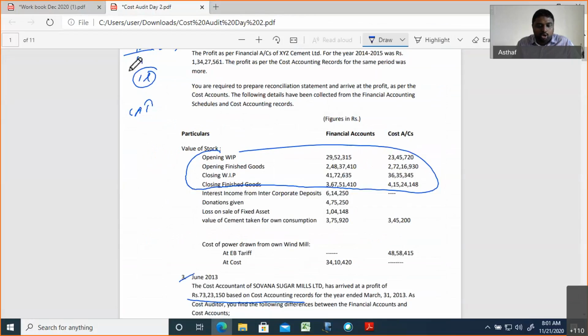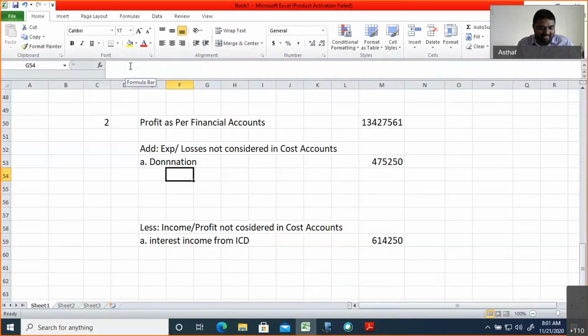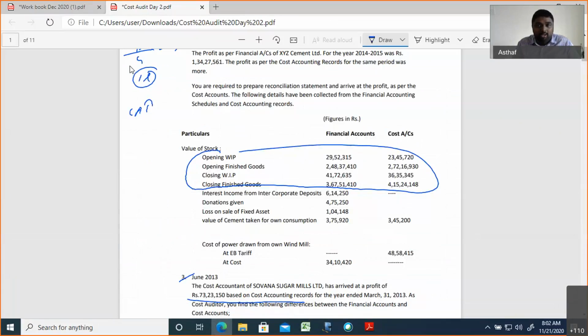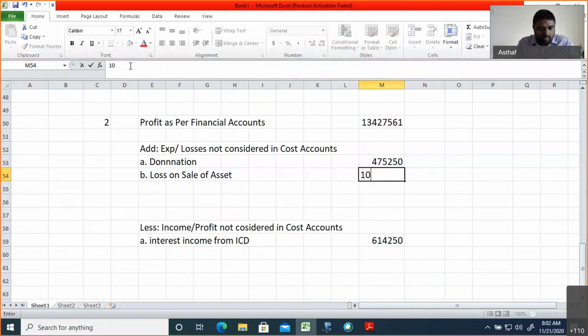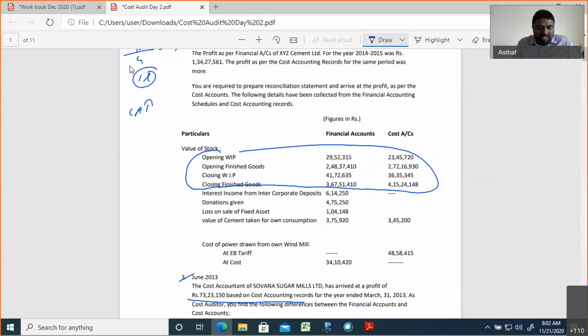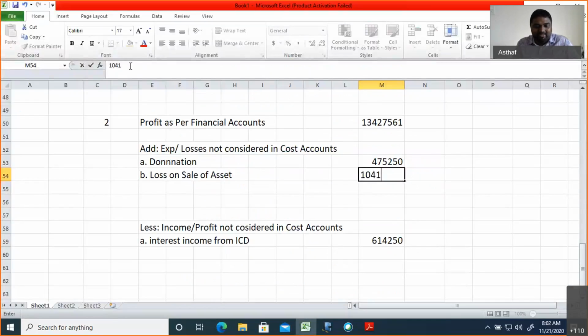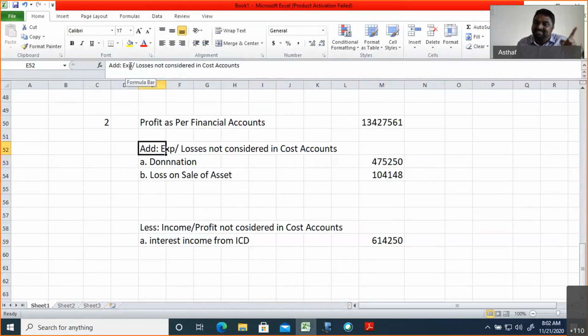Next is loss on sale of asset, which is 1,04,000. You don't need to worry at any point, because the heading we discussed on the first day: expenses or losses. Here it is income and profit. Any special item I will discuss separately.